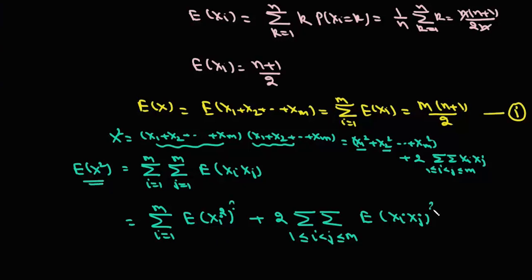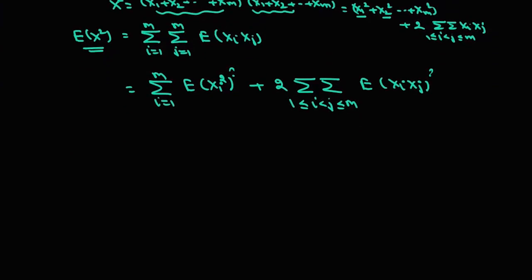Now in order to calculate the expectation of x square, we have to find these two expressions. Now the first one is simple. If we look at this first one, which is the summation i varies from 1 to m of the expectation of xi square, we'll first calculate the expectation of xi square.